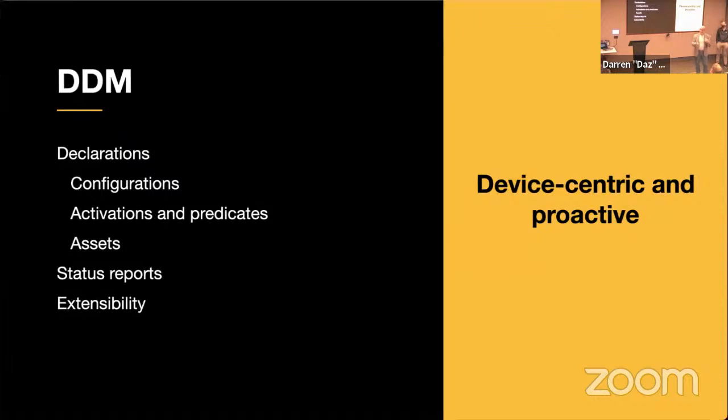Is it done yet? Now we can just open the status channel and wait for the device to tell us what's going on. So it's switching from a polling model where the server is continually asking the device, to a push model where the device can push the updates back to us as they happen. It's more extensible, and the architecture is a little bit better.